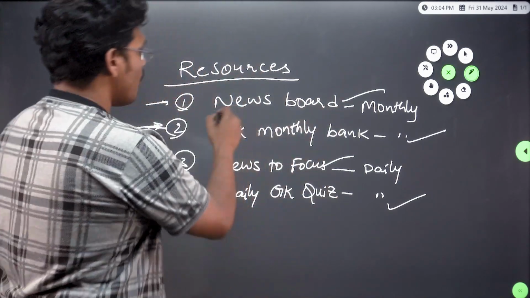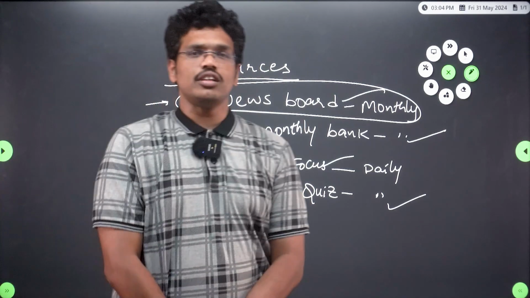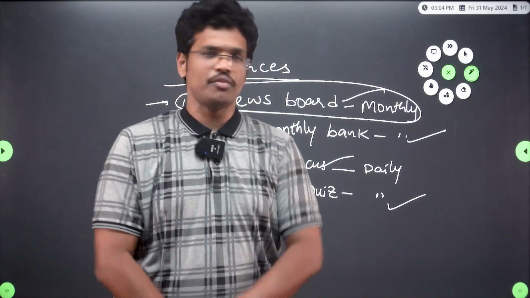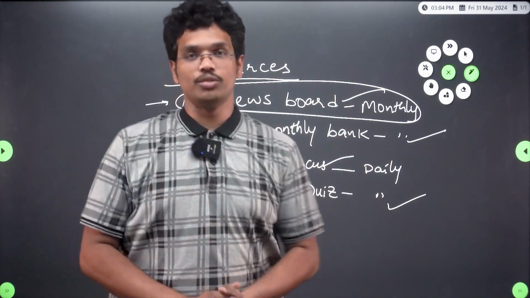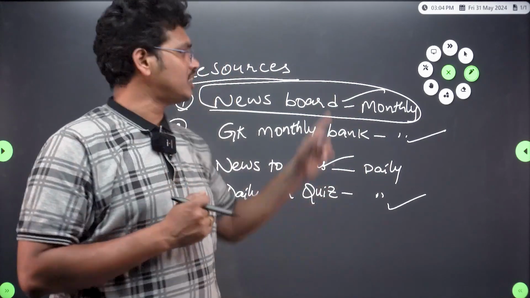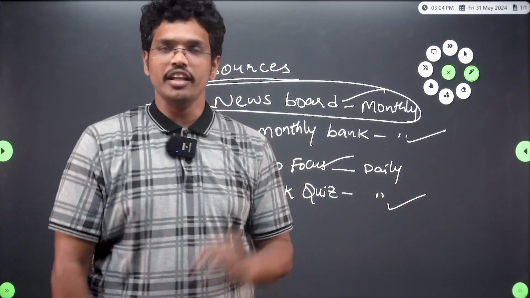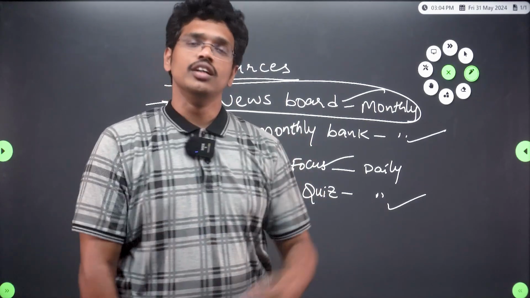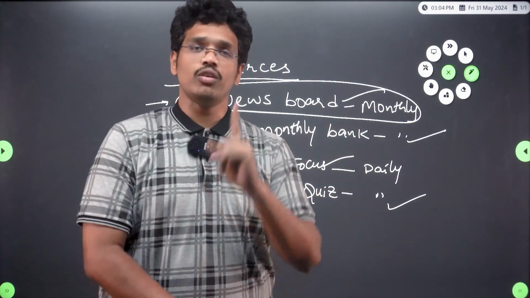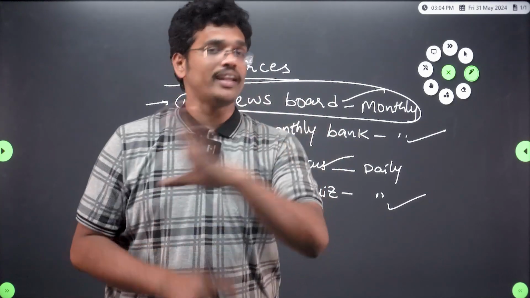Then how to read this news board? Suppose you don't know how to read a newspaper, or you don't want to take the stress of reading the newspaper, our suggestion is simply to follow the news board regularly. Every month the news board will have approximately 25 to 30 topics. Read the topics carefully, at least one topic a day.